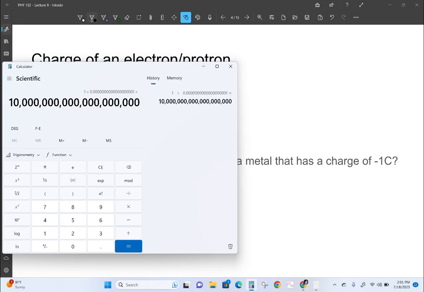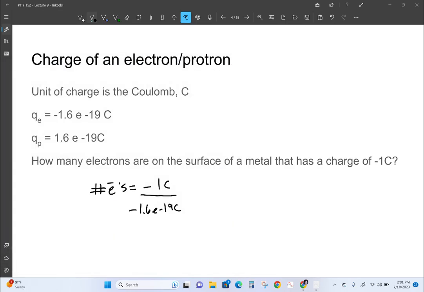And that would be 1 times 10 to the 19 electrons. So my symbol for electrons is an e with a minus over it. So there's about 1 point e to the 19th electrons on the surface of that metal surface that together has a total charge of negative 1 coulomb.